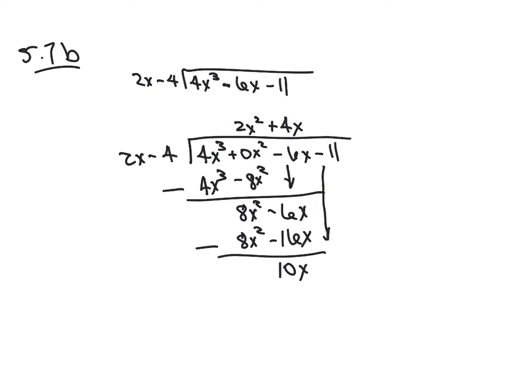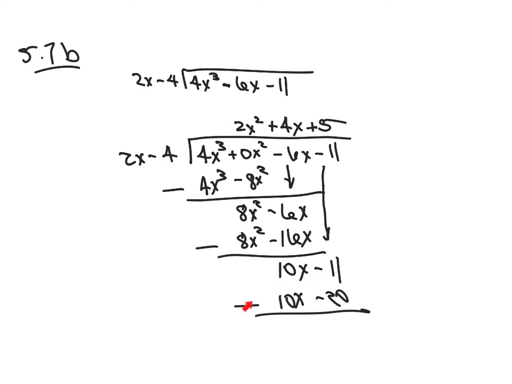Bring down the minus 11. 2x goes into 10x 5 times, because the x's cancel. 5 times negative 4 is negative 20. 5 times 2x is 10x, line, minus.